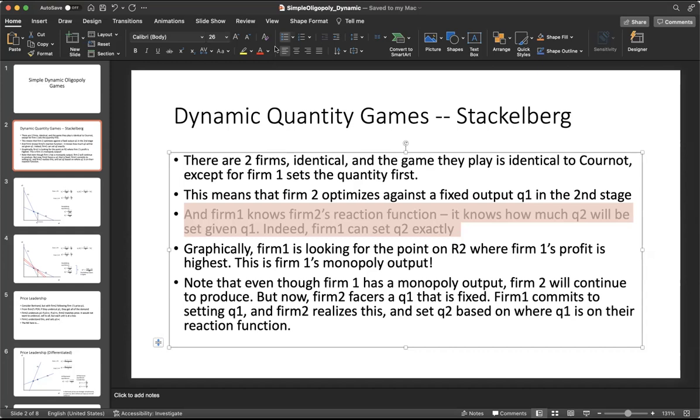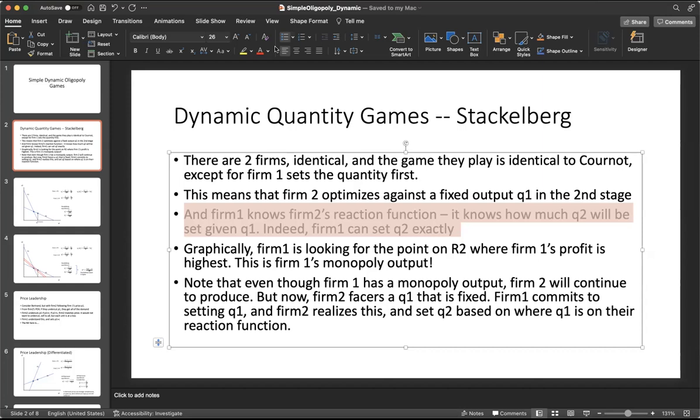Because you cannot just set a Q1 and wish that Q2 is 0, for example, that Q2 will stay out. I have to believe that firm 2 will maximize against its own residual demand function, which I am creating. And if the output of that optimization is not 0, then I will believe that firm 2 will not produce 0. So it's not wishful thinking when it comes to Q1.